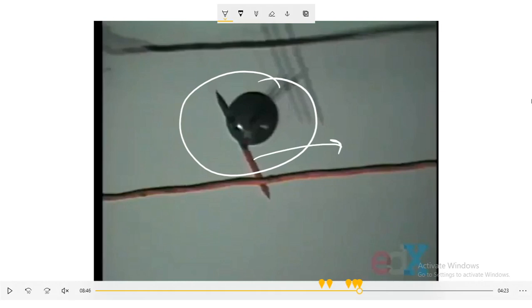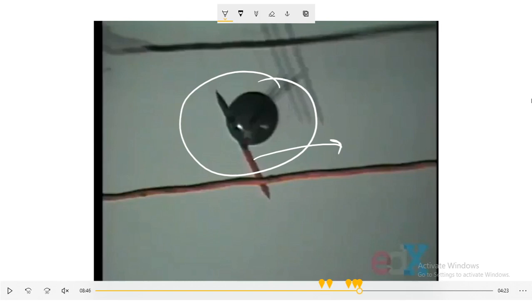A compass needle suffers a deflection when it is placed near a wire carrying an electric current. And when the direction of current is reversed, the direction of the needle also reverses. This conclusively proves that a current carrying conductor produces a magnetic field around it.